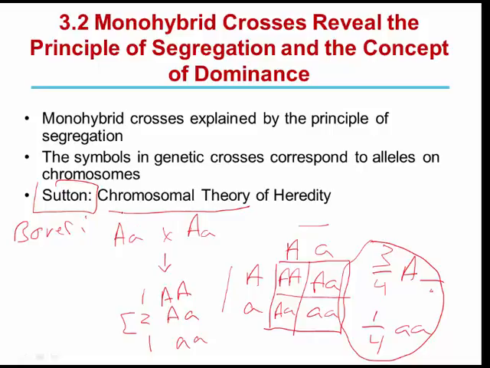And what they did was they looked at chromosomes under the microscope, and they saw that there were these things that seemed to segregate away from each other during meiosis in the same way that alleles seem to segregate away from each other in a genetic cross. So they just made the connection. They just said, well, it kind of looks like these things called chromosomes are behaving the same way that alleles do. Maybe they have something to do with each other. Maybe these alleles are carried on chromosomes.